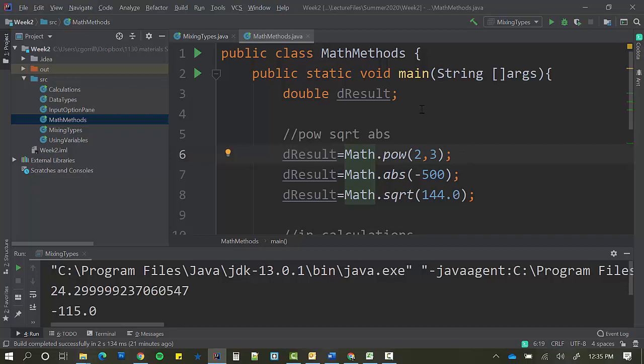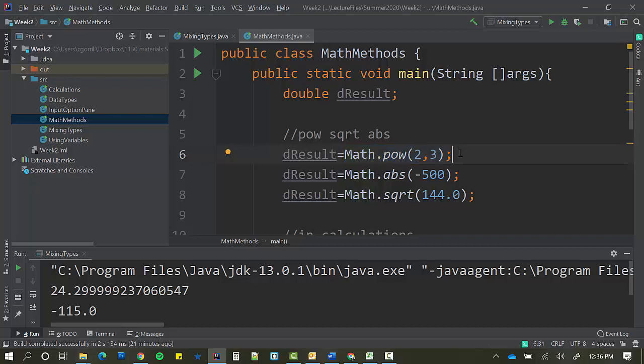So let's take a look at how these actually work. I've got a variable called dResult. Math.pow(2, 3): the 2 and 3 are the two arguments in the parentheses. The first argument is my base. The second argument is my exponent. So I'm taking 2 and raising it to the third power. It's going to do those calculations, 2 to the third power, and return it to this point.